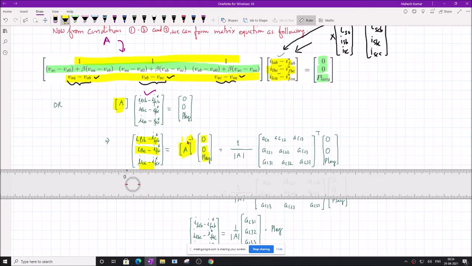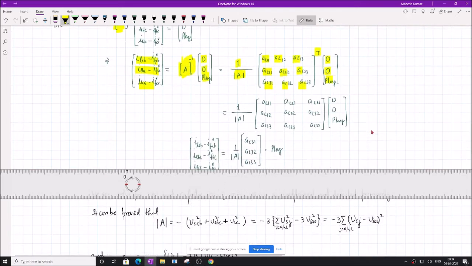Now A inverse is the same as 1 by determinant into the cofactors transpose matrix, and 0, 0, PL average.